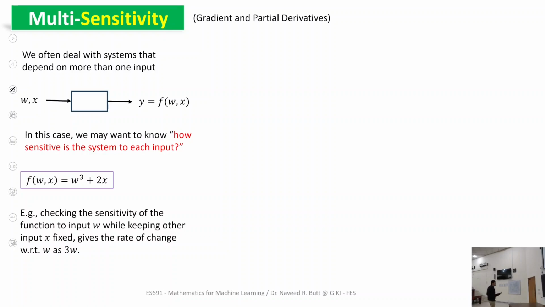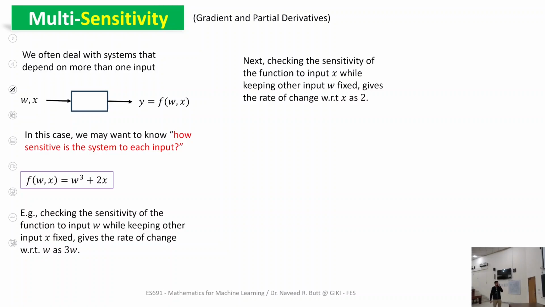So in this case you will fix all the others and just see one, right, the sensitivity of your function to one of the inputs. In this case it turns out 3w, and then you check the sensitivity of your function to the other input while keeping the first one constant, and it turns out to be 2.